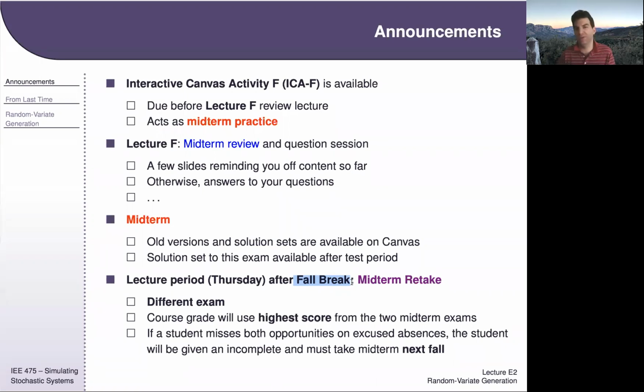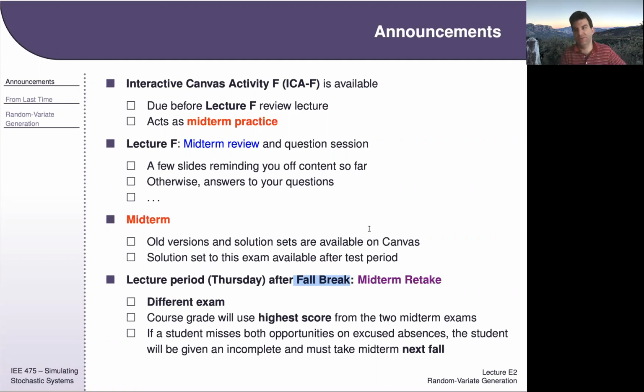I don't want to do that, because I think some of you might have assumed that you had fall break, and I also want to keep things as close to being in sync with lab as I can. So I'm going to continue as if we had fall break. It says fall break here, but even though we don't have fall break, that's what I mean. So the lecture period Thursday after fall break is going to be that midterm retake.